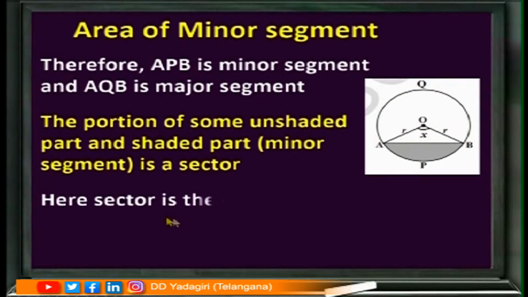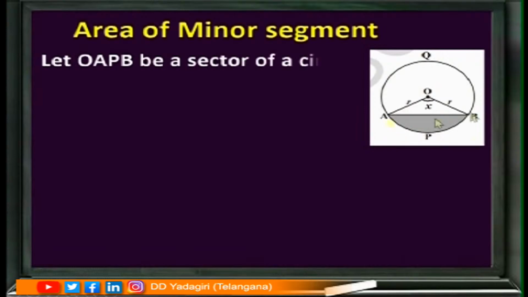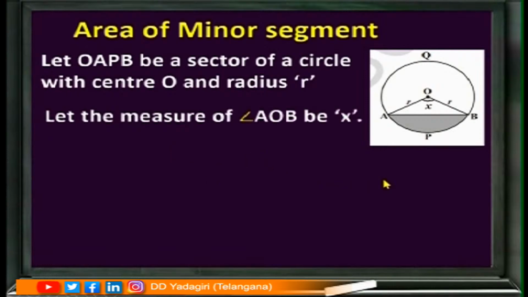The combination of the unshaded part and the shaded part is a sector. Let us see now. Here the sector is the combination of a triangle and a segment. So, this is a triangle and a minor segment in this case. Let OAPB be a sector of a circle with center O and radius r. Let the measure of angle AOB be x.